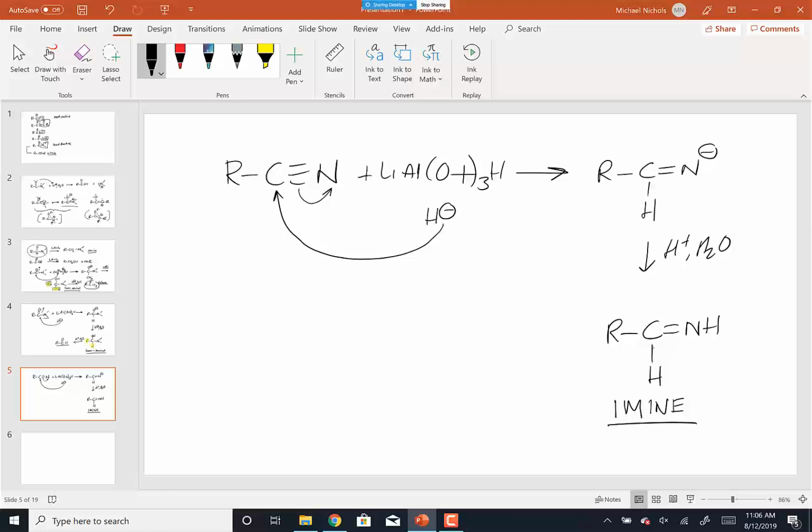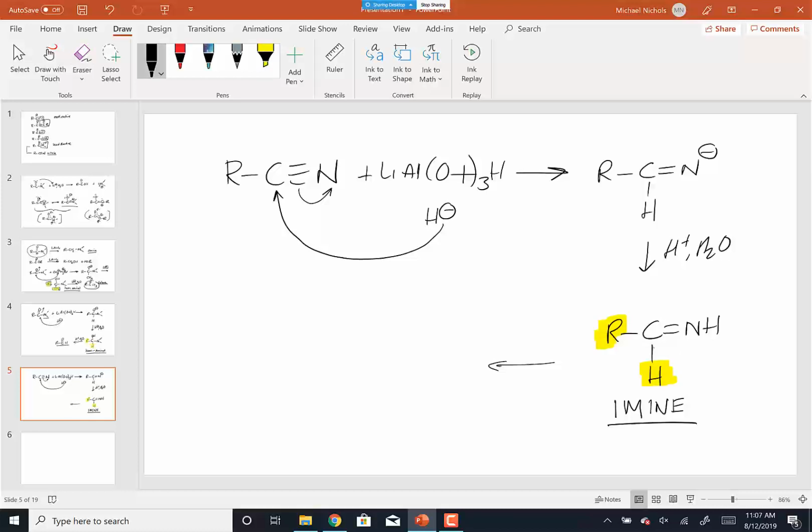Are imines stable? This is why I have to keep doing this. Stable or not? No. So what's going to happen to it? It's going to become an aldehyde.